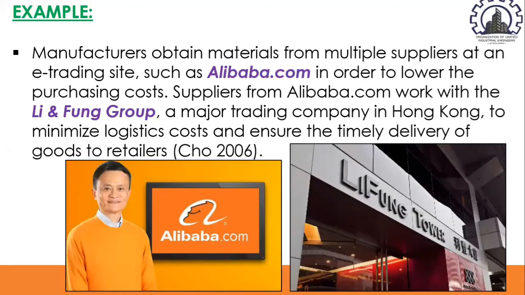Manufacturers obtain materials from multiple suppliers at an electronic trading site such as Alibaba.com in order to lower the purchasing cost. Suppliers from Alibaba.com work with the Li and Fung Group, a major trading company in Hong Kong, to minimize logistics costs and ensure the timely delivery of goods to retailers.